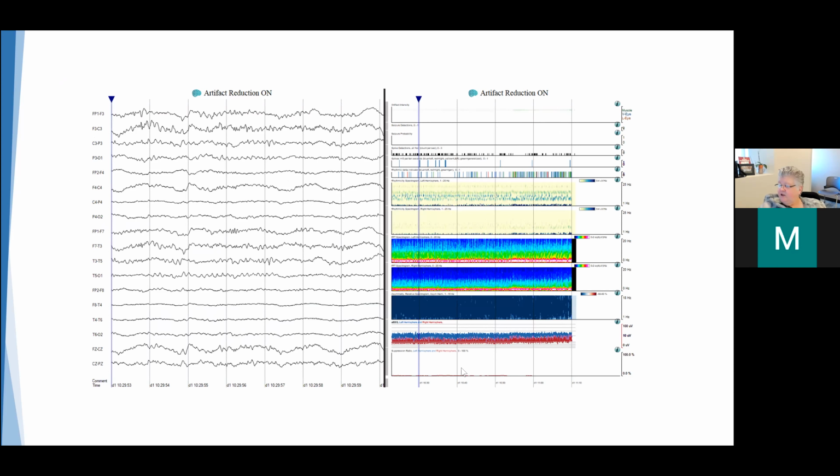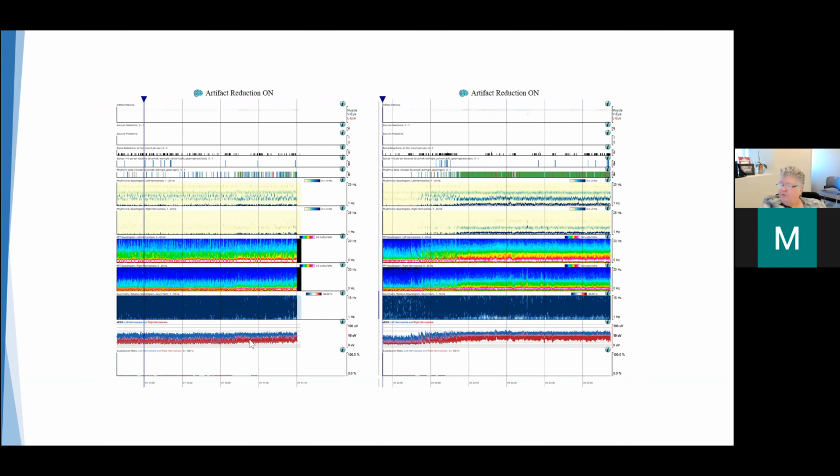And we see that over on our trends as well, with loss of all of this fast frequency, delta, theta, alpha, and beta activity, which we don't see at all over the right hemisphere. And our asymmetry index shows power is much higher over the left hemisphere in all frequencies.